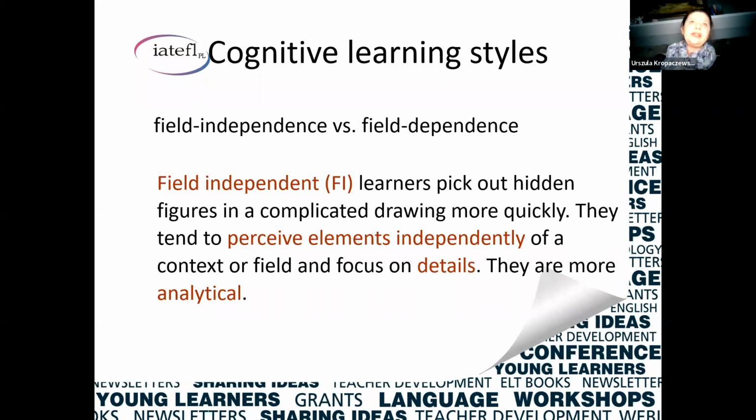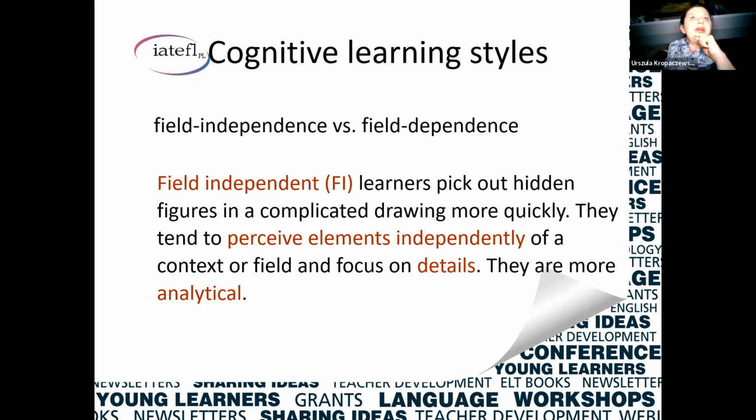Okay, and there are some characteristic features, of course, connected with field dependent and field independent language learners. Okay, field independent learners pick up hidden information in a really complicated drawing. They can see details. They are more analytical, so they will be better at picking up some words in a text.